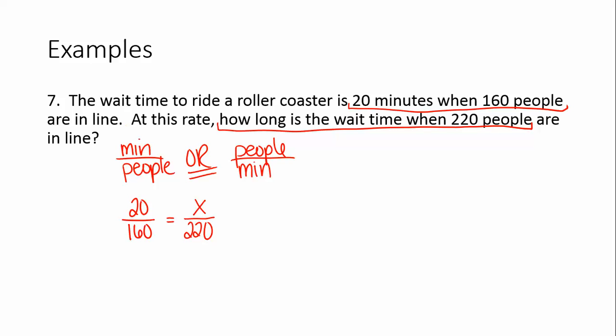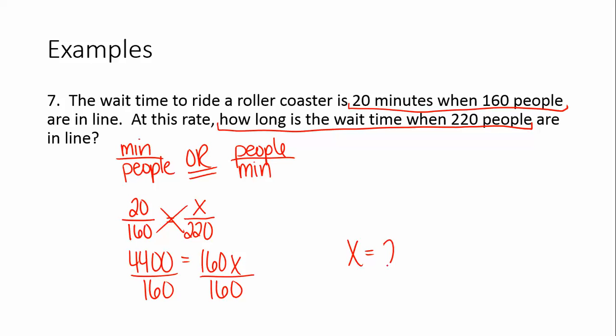I did minutes over people. You could do people over minutes. It's your choice. We still want to cross multiply. 20 times 220 is 4,400. Equals 160x, so we divide both sides by 160, and we get that x is 27.5 minutes.